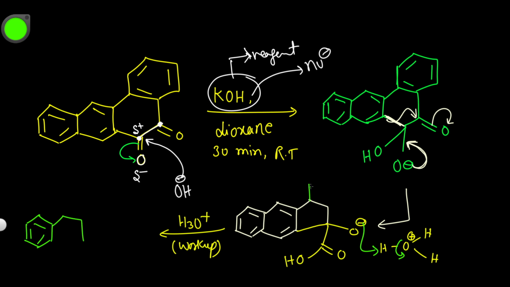Let me draw this one also. I have left this. Okay, here is a double bond, and here you get a 5-member ring, and this ring will have something, and here a group is also attached.